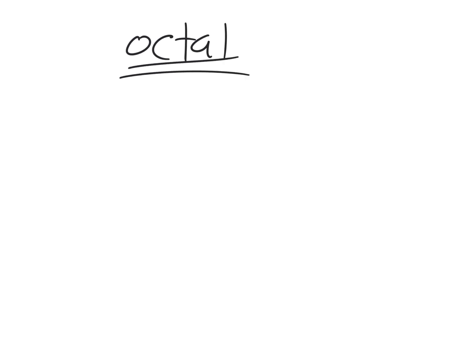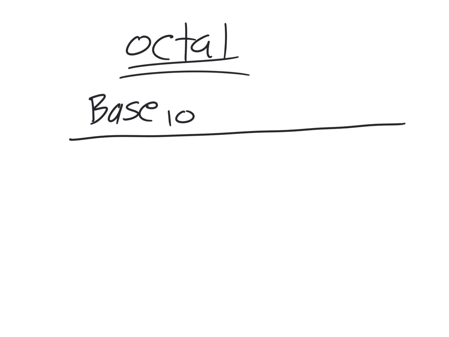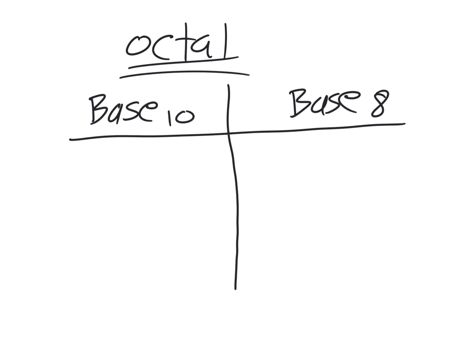Okay, so in octal, then in decimal, okay, and then here's how the counting works. All right, so this is going to be 0, 1, 2, 3, 4 to 7.